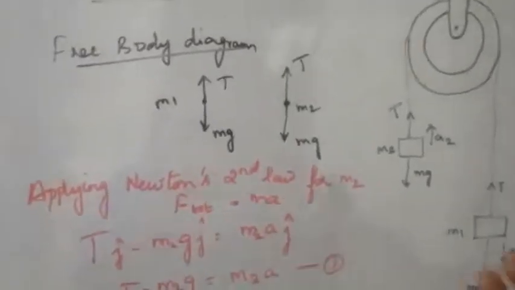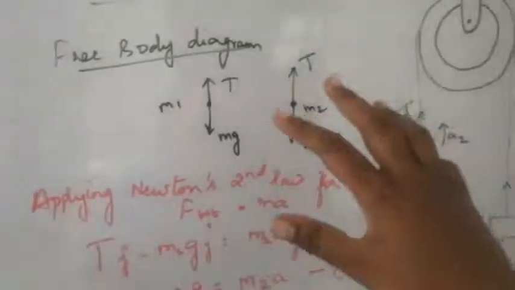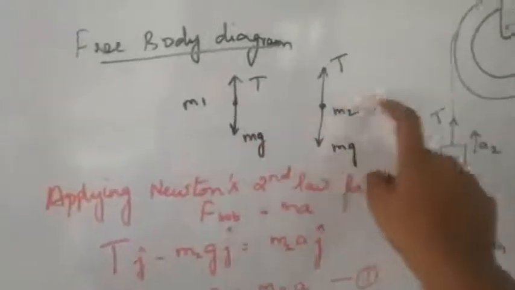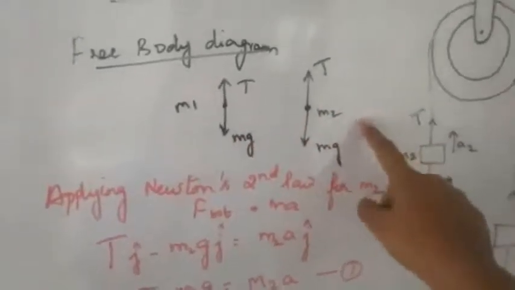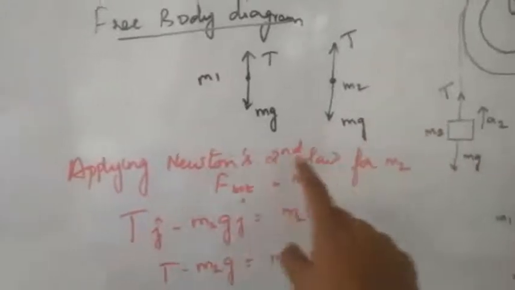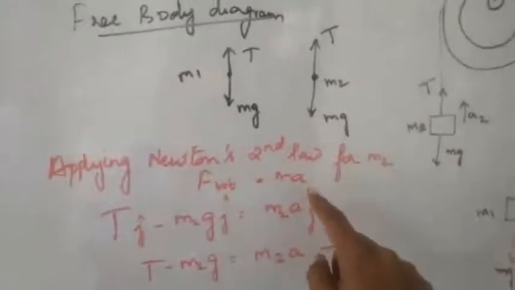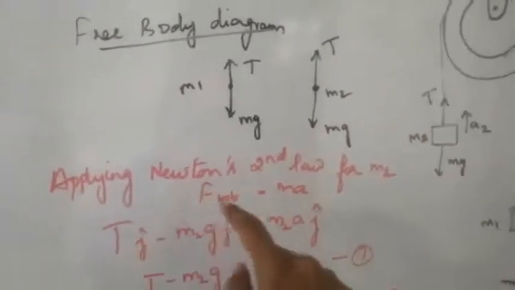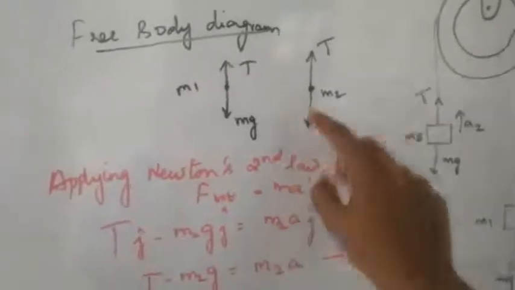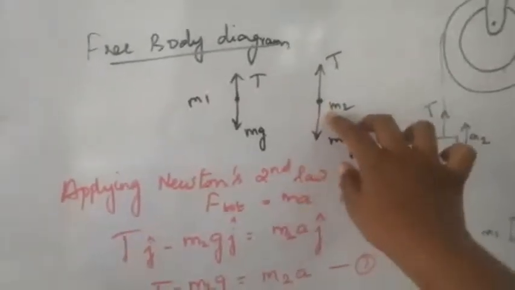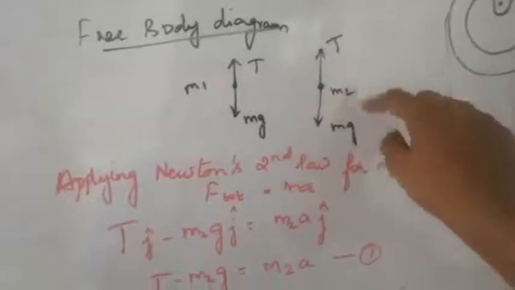Now we are going into the derivation part. In this free body diagram you are going to apply Newton's second law for mass m2. What is Newton's second law? F is equal to ma. Actually, total force is equal to ma. So what is the total force acting on the mass m2? T and mg.